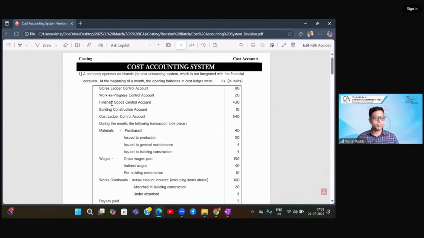If you remember in our previous class also, while dealing with the topic of cost sheet, where we did multiple sums, we covered sums on this topic as well. So today we'll try to cover more sums on cost accounting, it being a very important and a very relevant topic for the exams.